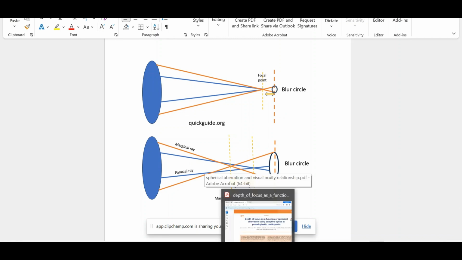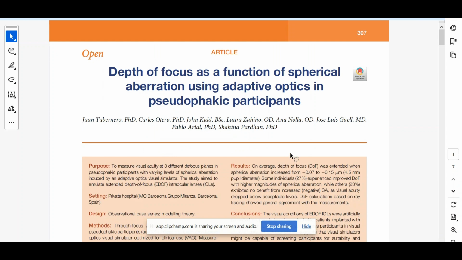Now, having understood it, let us try to understand what would be the right balance between providing an excellent depth of focus to the patient in terms of intermediate vision and some amount of near vision, but at the same time, no remarkable drop in the image quality, as that is also important, especially in mesopic conditions.